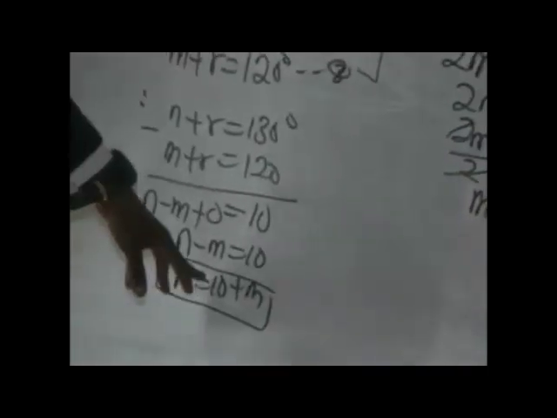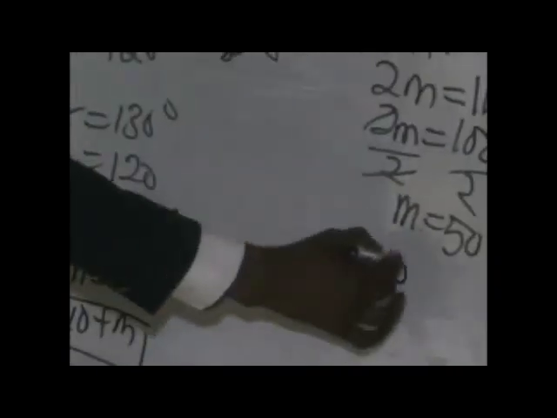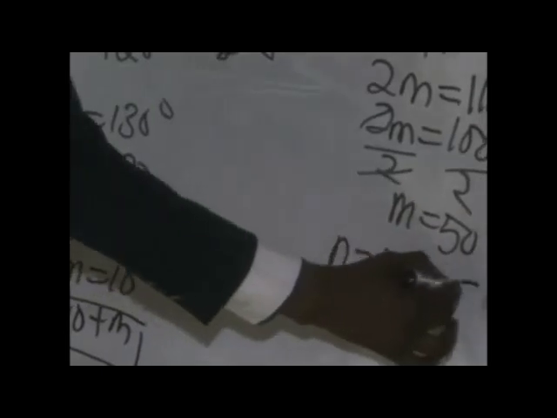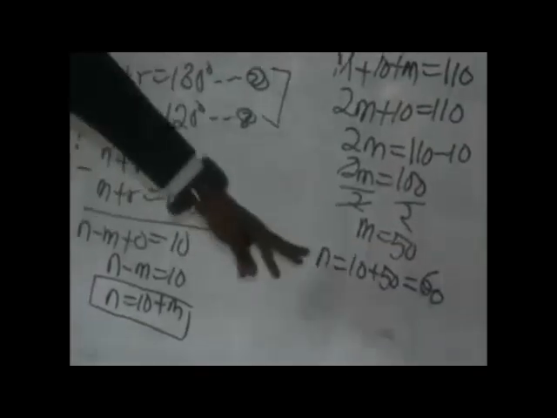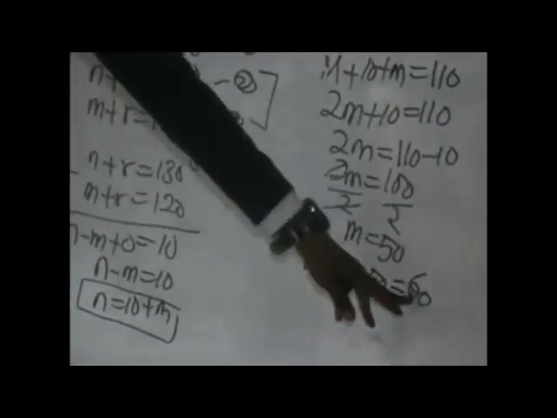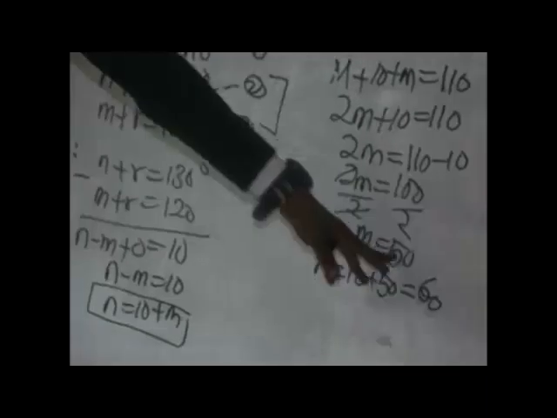Now don't forget you made an assumption that n equals 10 plus m. So to get n, it will be 10 plus 50, which is equal to 60. Now that you have gotten m as 50 and n as 60, you need to substitute the values of m and n into any of the equations to get the value of r.